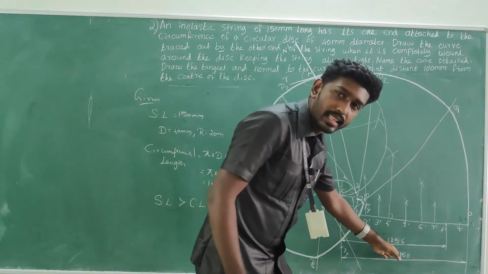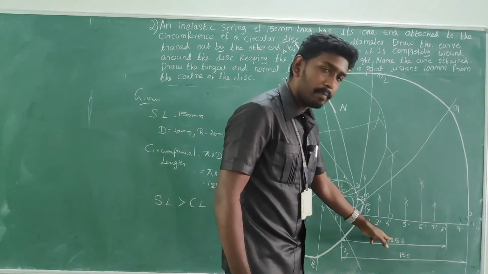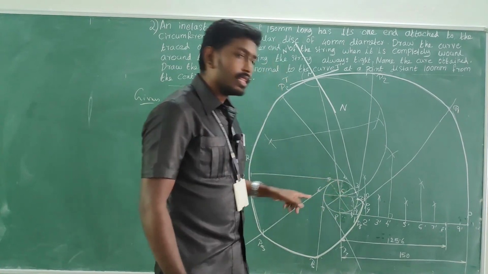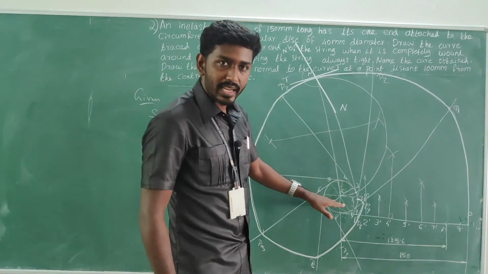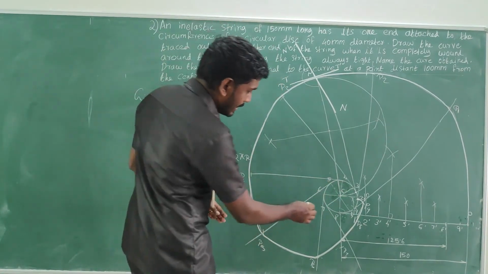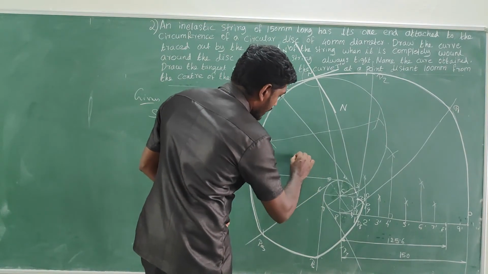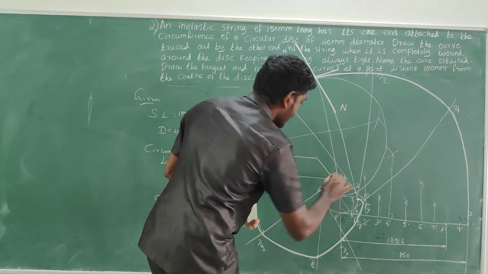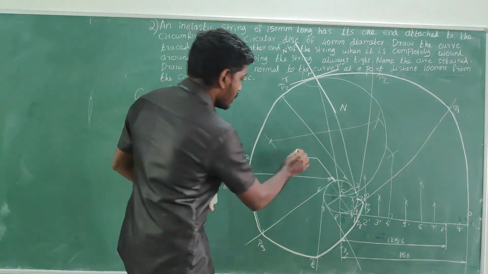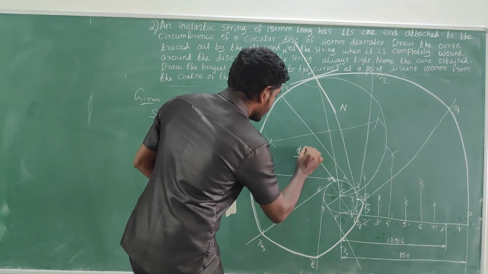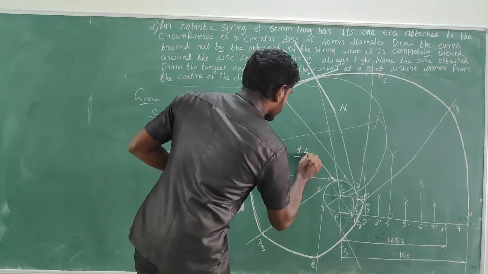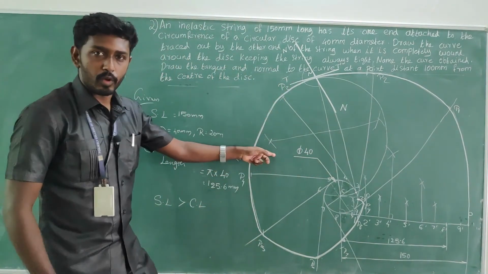Here the string length, I have captured it, and then the circumferential length I have done. The important thing, the circle diameter should be captured, for which you can take a leader line, okay? I am doing it here, so in this manner you can capture a leader line without intersecting with any lines, and write diameter 40.